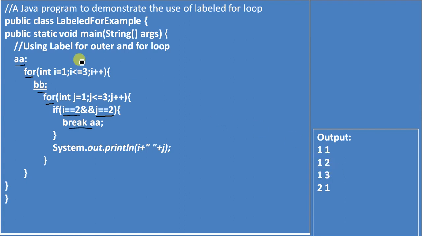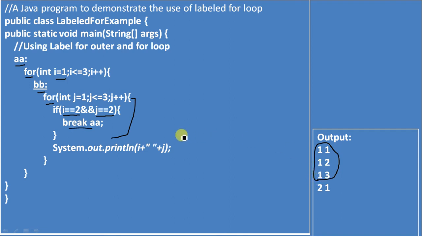Why? Because for i equal to 1, the inner loop will execute 3 times, because this condition is false for i equal to 1. So 3 outputs will come for the value of i equal to 1.